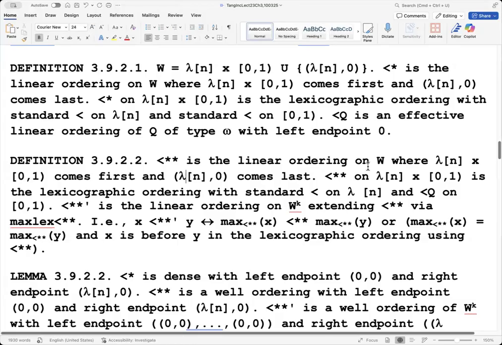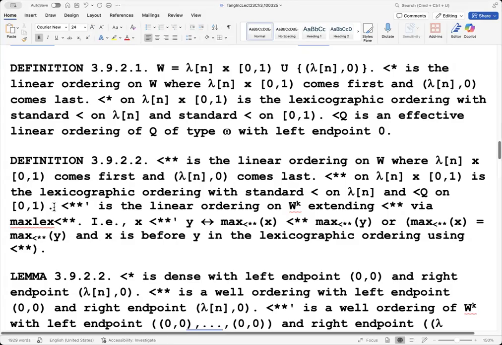So in this well ordering, as you'd expect, this comes first and this comes last, just as before. But the difference is that on here, this is the lexicographic ordering with standard less than, but with less q on 0, 1. So the contrast is very simple between the dense linear ordering and the well ordering.